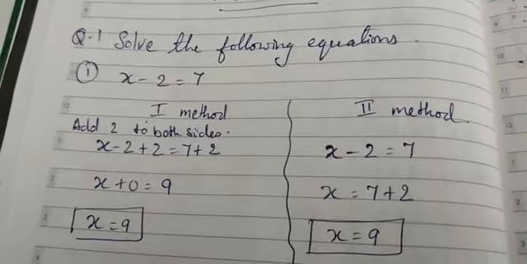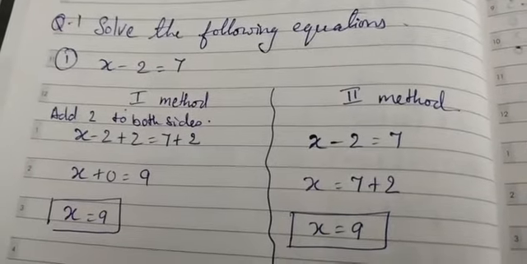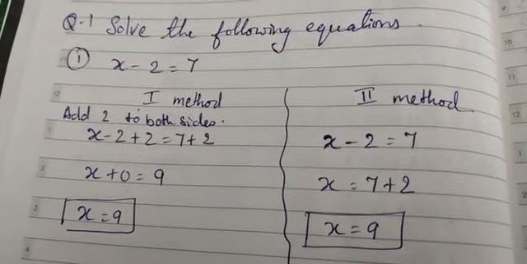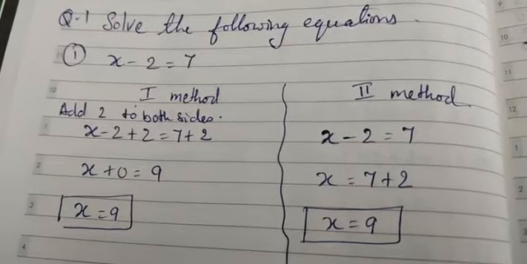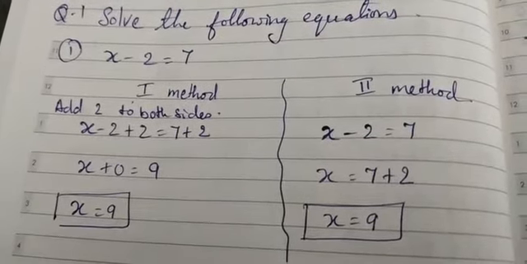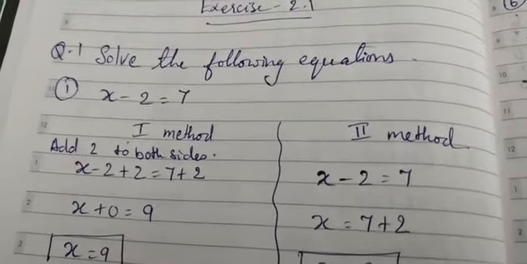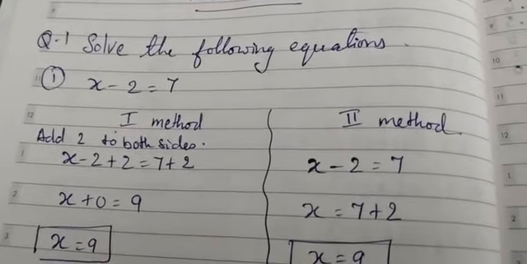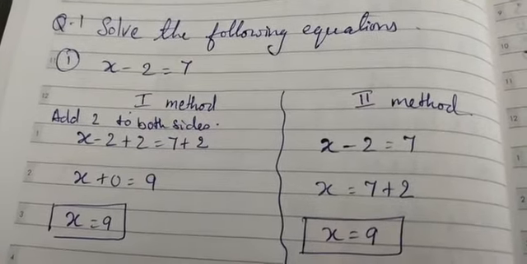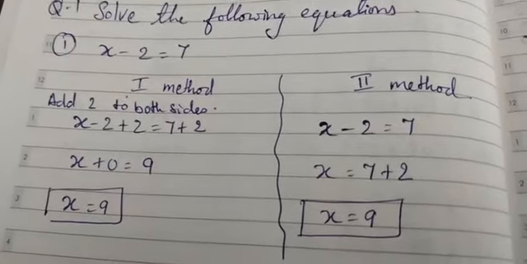One method where you are balancing both sides of the equation, and in the second method, transposing, we are going to transpose the number with the variable given in the mathematical expression. Okay, our first question is: solve the following equations. The first equation under question number 1 is x minus 2 is equal to 7.